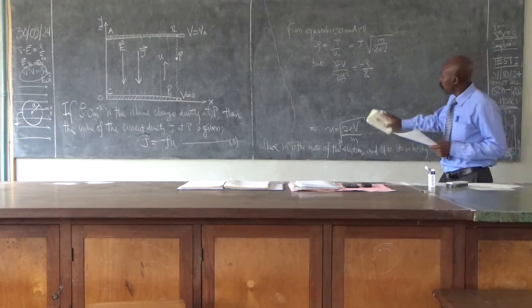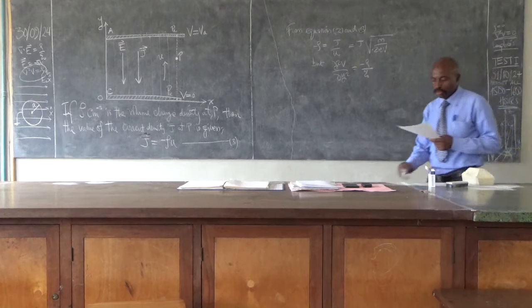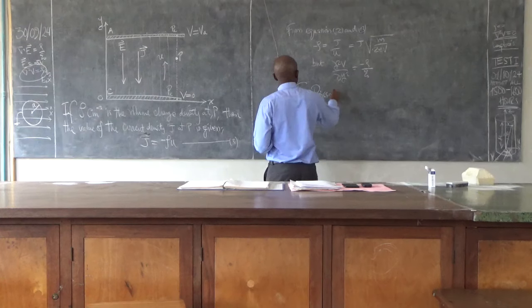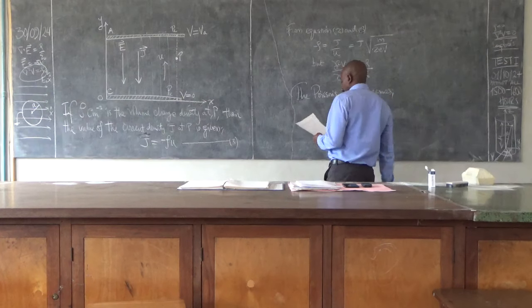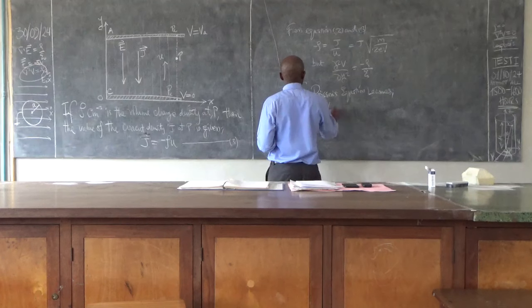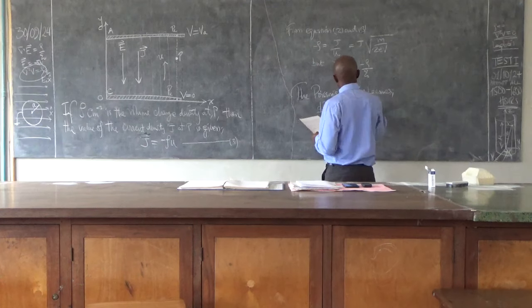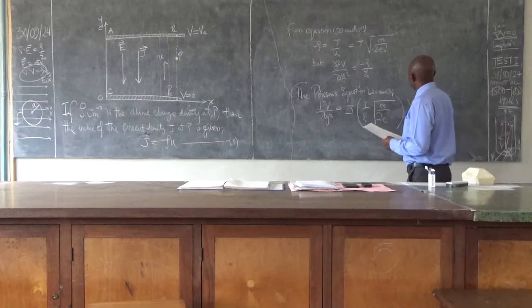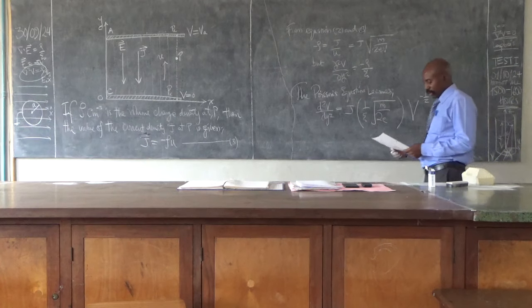So the Poisson equation now becomes d squared V dy squared equals J times 1 over epsilon naught root M over 2e, and then we can put V on the outside, which was root V. Root V is the same as V to the minus a half.